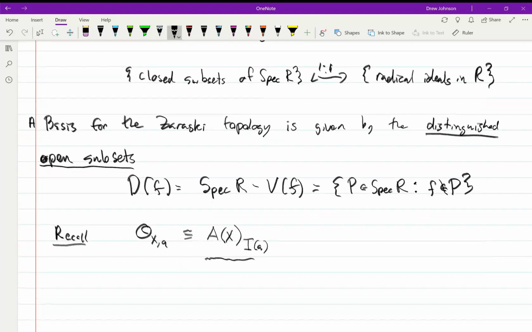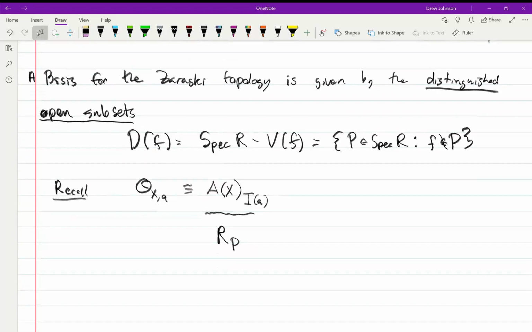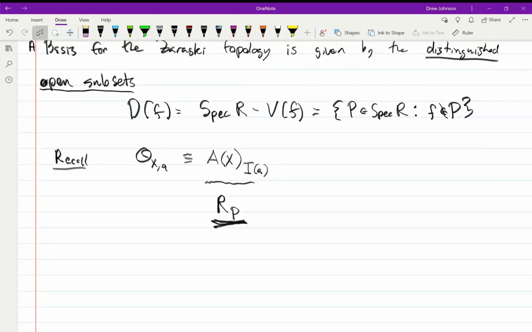We can think of this as R, the ring corresponding to the spectrum, and then we can localize it at the prime ideal corresponding to the point. So the idea is we're going to make a definition so that these now become the local rings at the points of our scheme. Okay, so here's the definition.